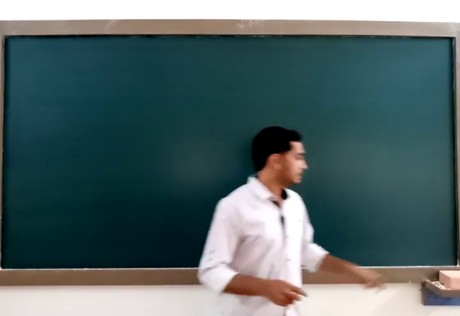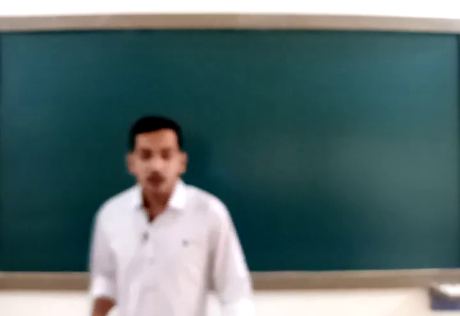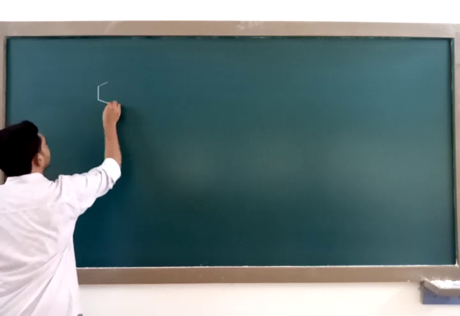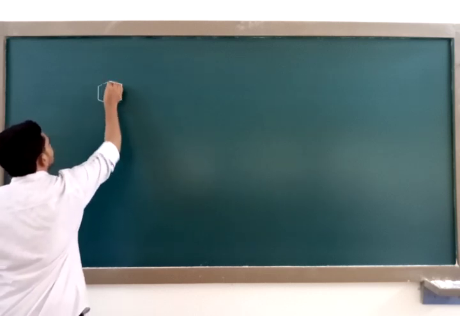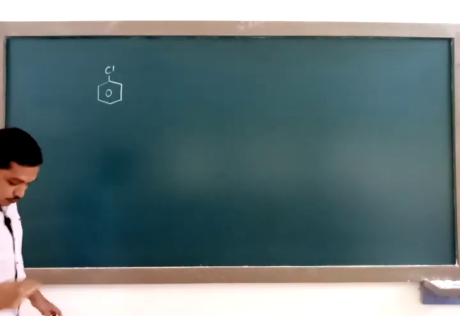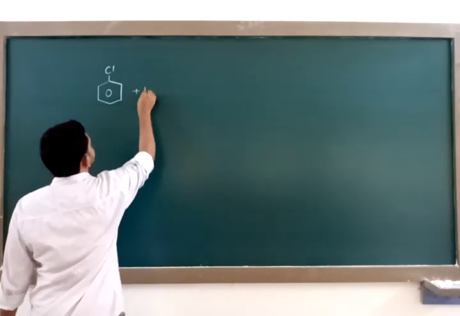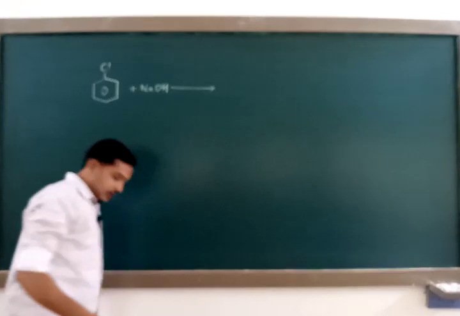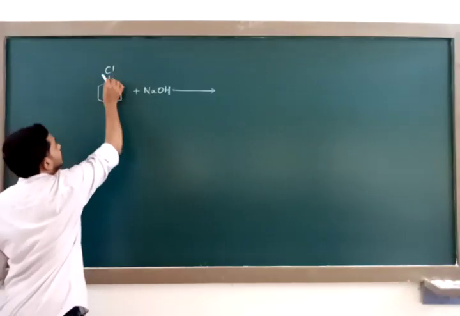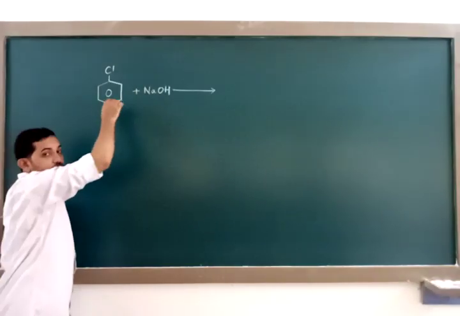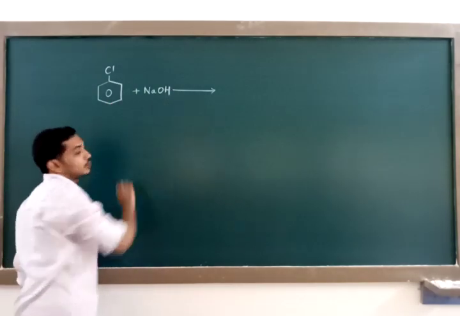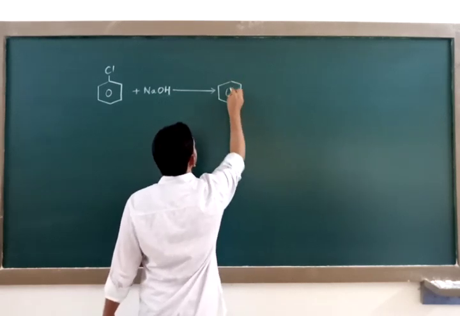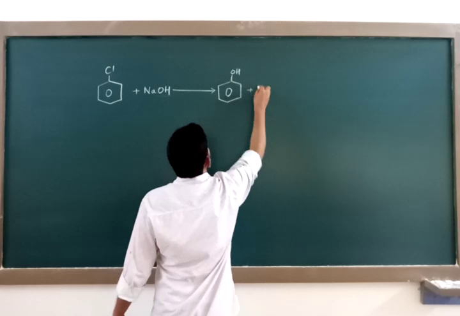To substantiate this explanation, we shall see one example of how haloarenes are less reactive. Consider the example of chlorobenzene. If chlorobenzene is made to react with sodium hydroxide, and the chlorine is replaced by the nucleophile OH, then the product we expect is phenol plus NaCl.